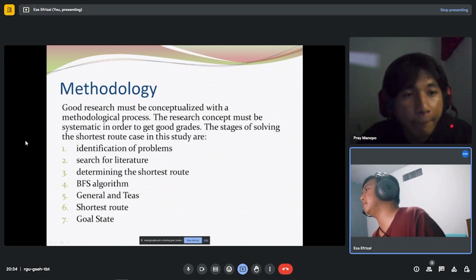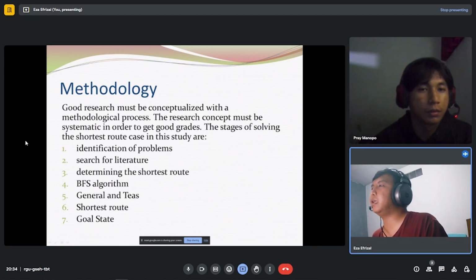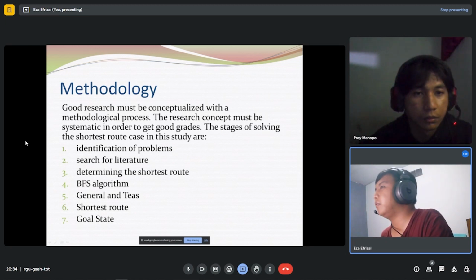Methodology. Good research must be conceptualized with a methodological process.